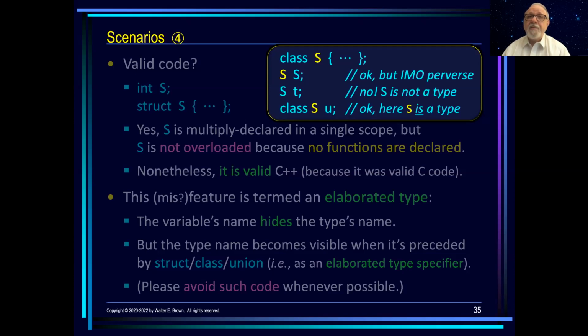And remember, the name of the variable hides the name of the type. So if I try to declare a second variable t, that doesn't work because s is the variable. But if I bring back the elaborated type specifier and I say class s, I can now declare another variable because this s is a type.